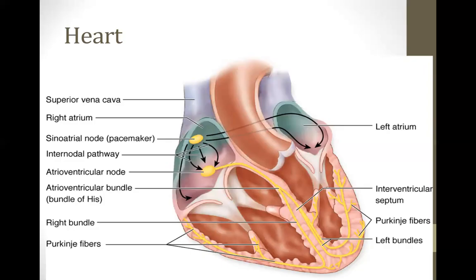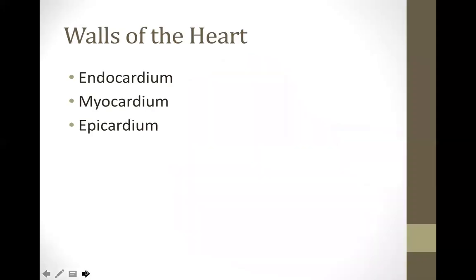Of course, supplying the electrical impulses are the right bundle, left bundle, and the Purkinje fibers. All right, so let's start with the walls of the heart.